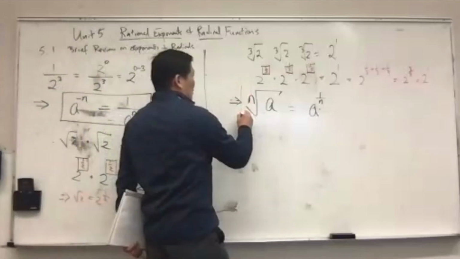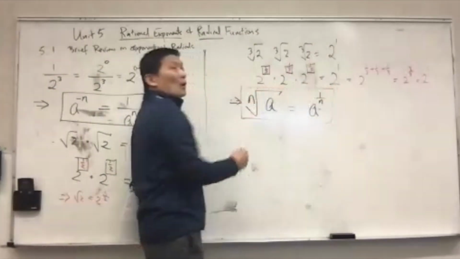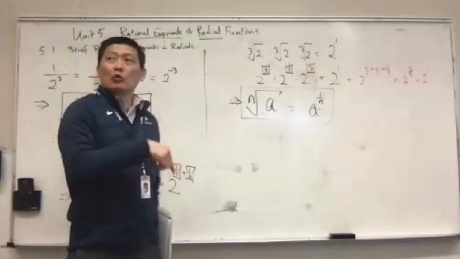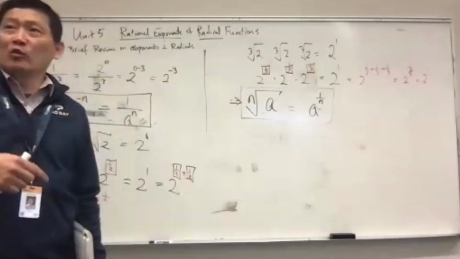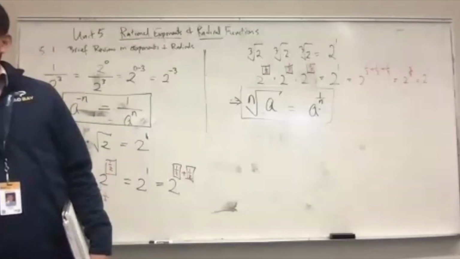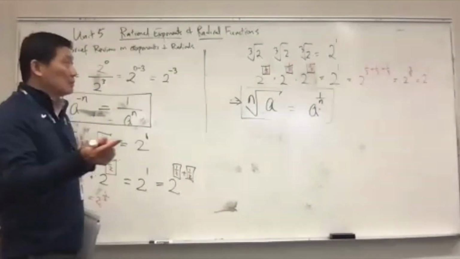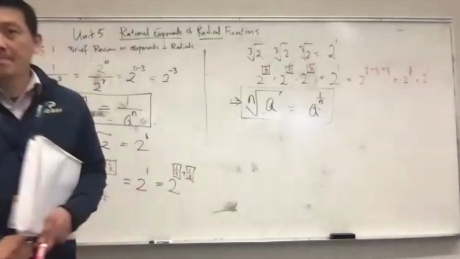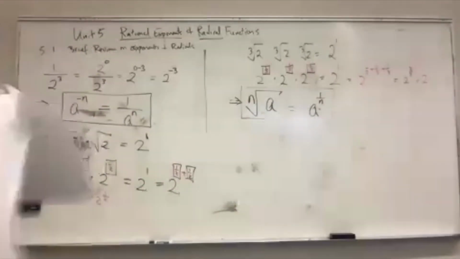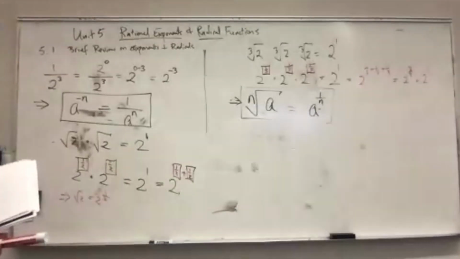So if it's a square root, you have a to the 1/2. If you have a fifth root, that means it's a to the 1/5. Okay? I'm moving fast enough to make this happen.